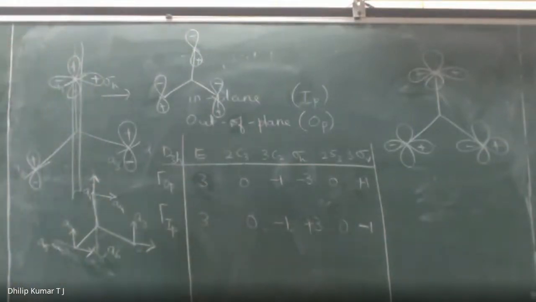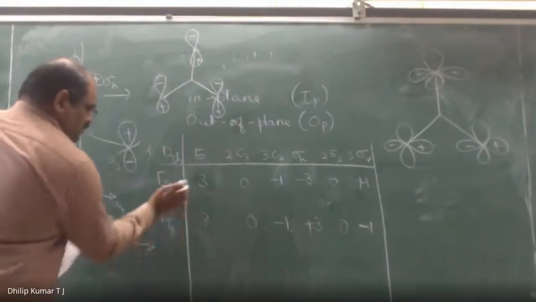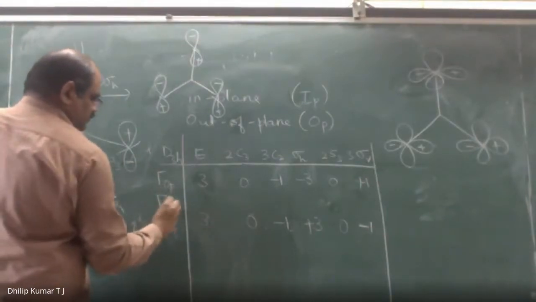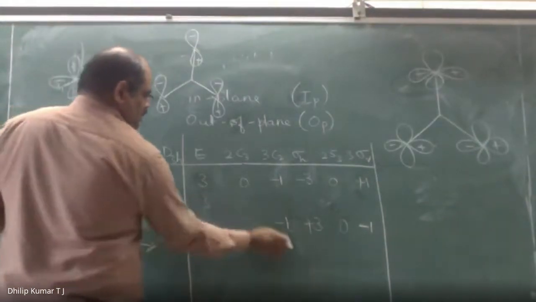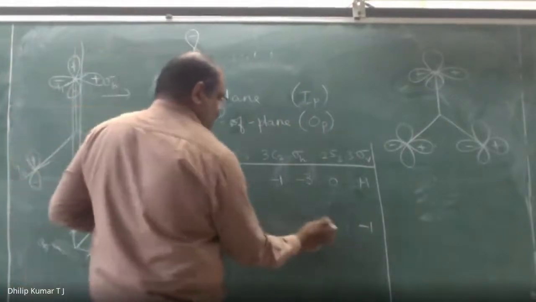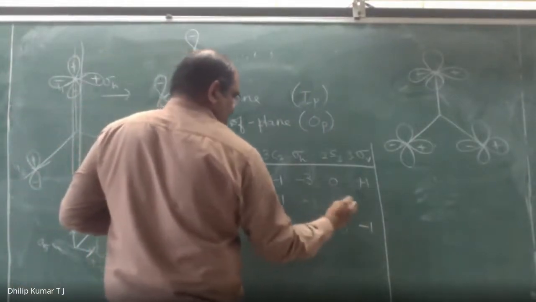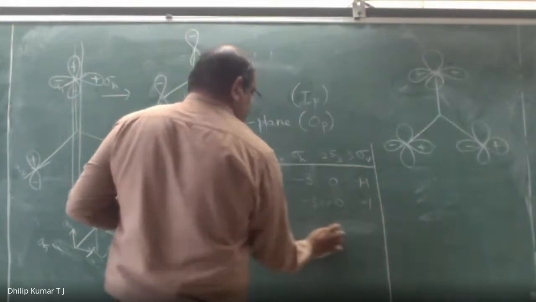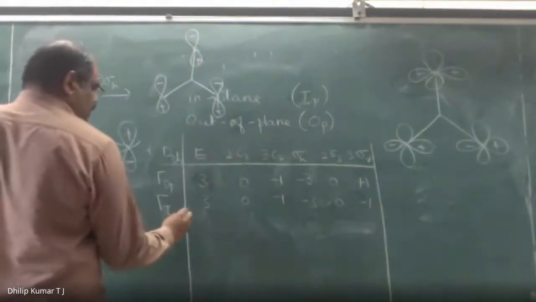Now I have to write the D3h point group IRs. So there is a series of IRs, right? I will not fill the table, you fill it. I'm worried about the extreme right, okay. So this is A1, and this is in plane.